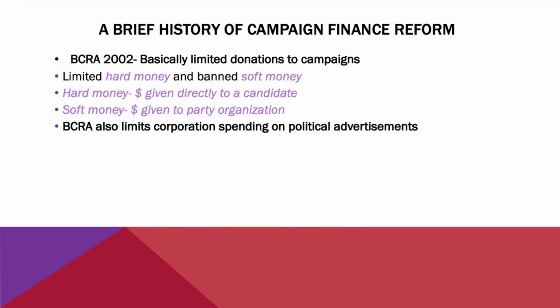The BCRA essentially replaced legislation from 1971 that limited the amount that individuals, organizations, and political action committees, or PACs, more on this next week, could donate to election campaigns.